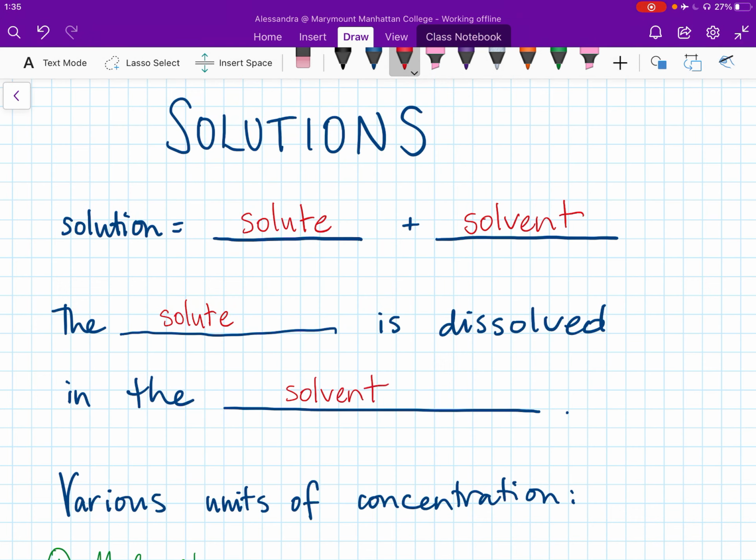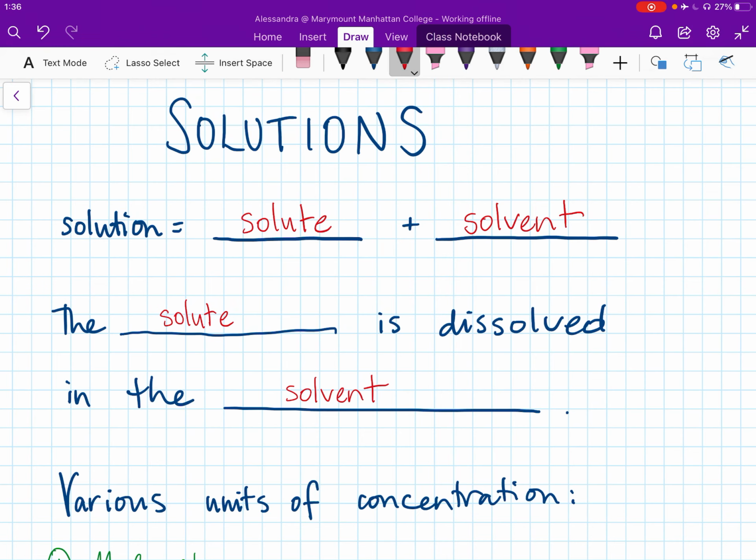Typically, there is more solvent than solute, and there is typically a very small amount of solute dissolved in a much larger volume of solvent. The solvent is often, but not always, water. Water is the universal solvent, it's the biological solvent. But the solvent can be any other liquid.